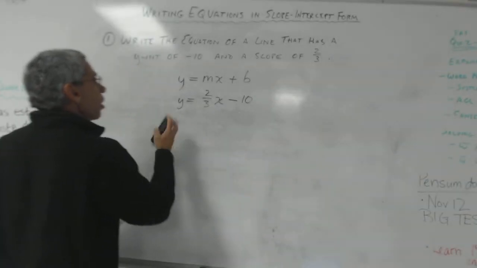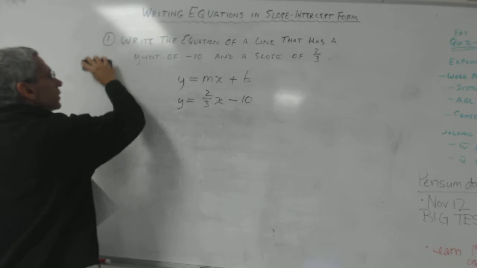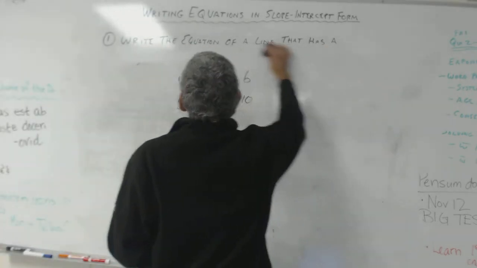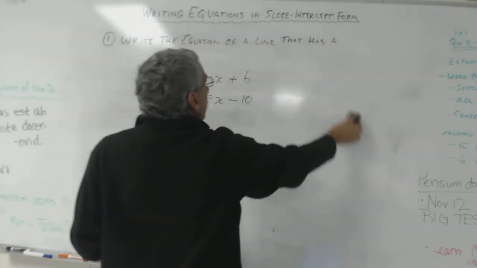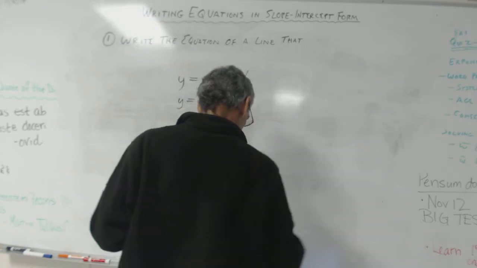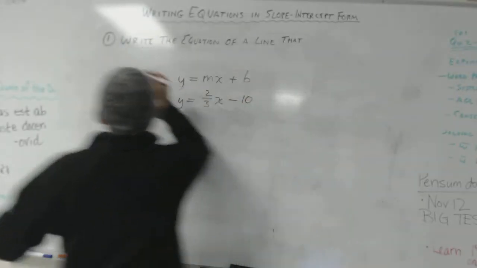Now, it's not always written that way, though. Sometimes it says, write an equation of a line. So this is now number 2.